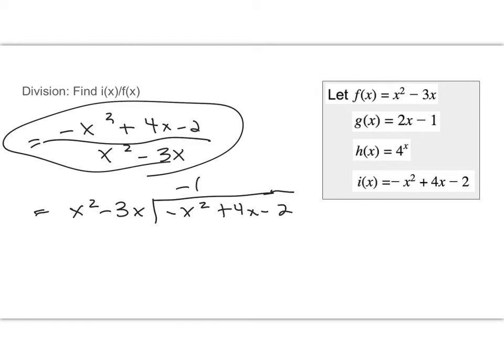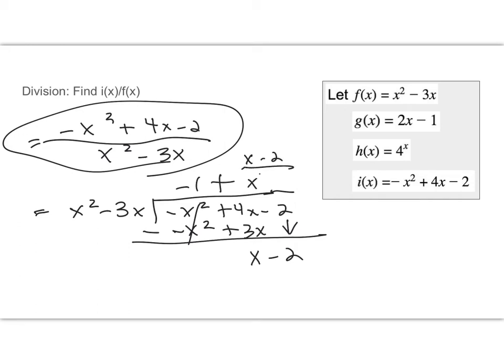But this would be negative 1, which would be negative x squared plus 3x. And then I'd subtract, and a negative x minus a negative x squared is nothing. And 4x minus 3x would be x minus 2, because I have to bring the 2 down. And if I needed to divide for some unknown, ungodly reason, this would be my leftover. And this would be the answer. But most of the time, this will suffice if it's not simplifiable.